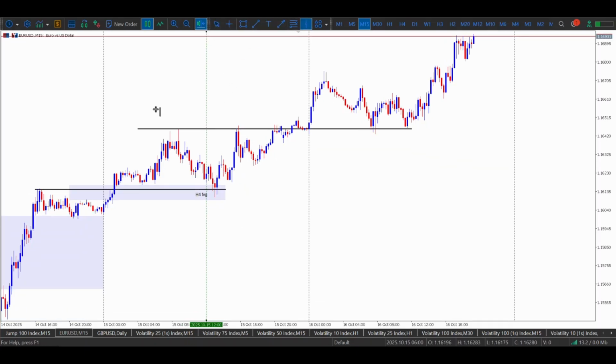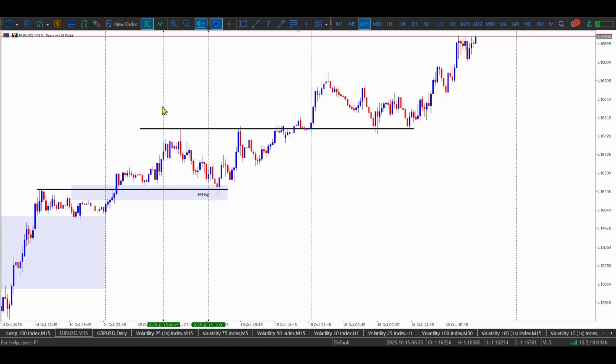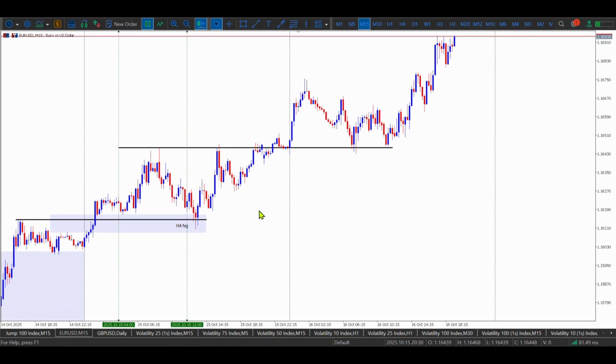and this is our New York midnight time open right here. So if we are bullish, we want to see our bullishness begin from or below the New York midnight open.